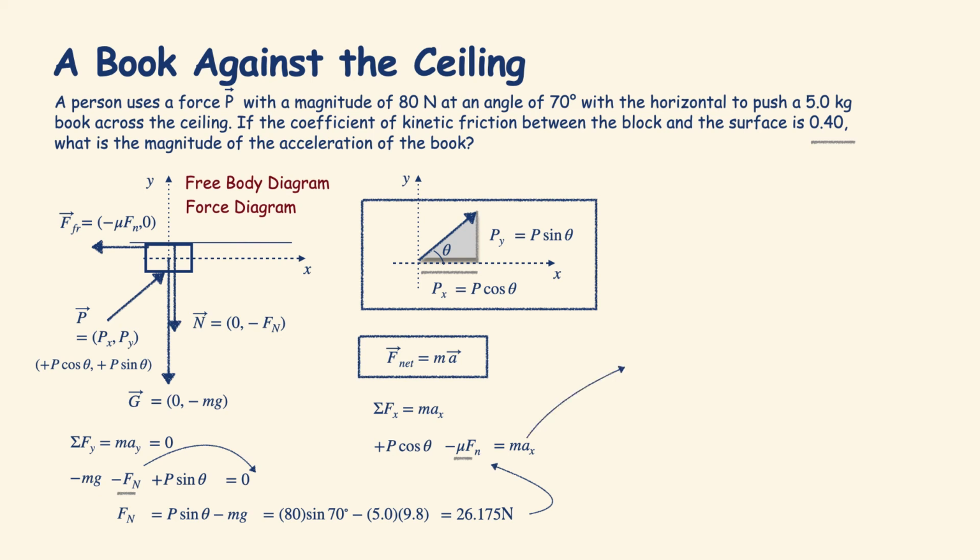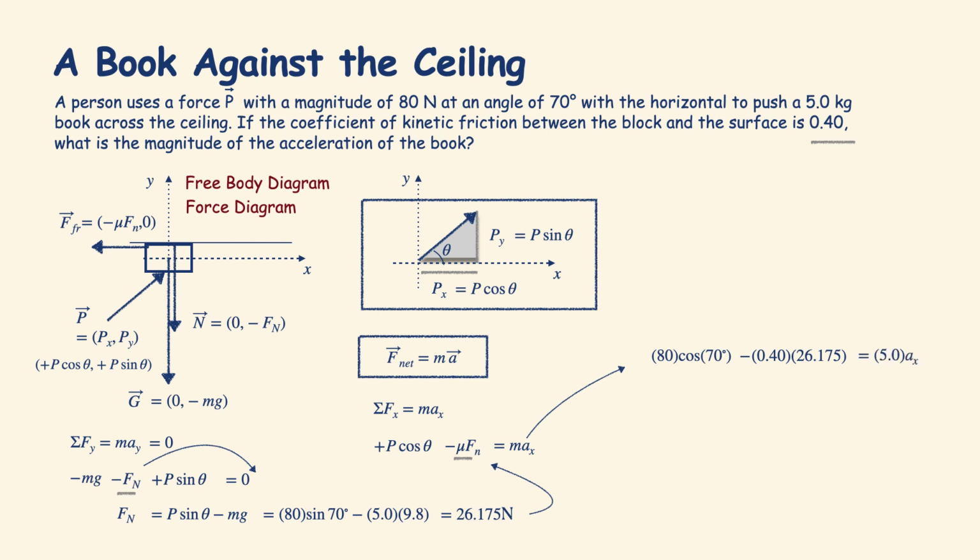So let's write it here where we have some space on the right. I will start putting the numerical values of the magnitude of p and the angle. So I'm going to have 80 for the pushing force, 80 newtons actually, times cosine of 70 degrees, the angle between the force and the horizontal, minus 0.40, which is the coefficient of kinetic friction given by the problem, times the normal force, which I just determined to be 26.175.